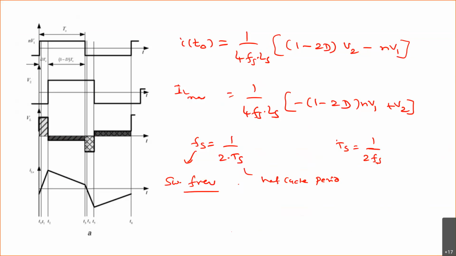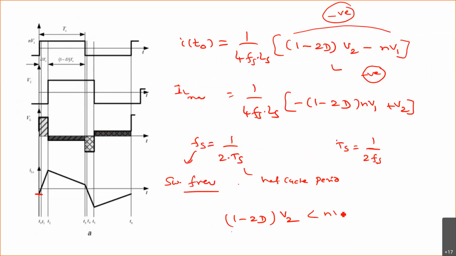Here we assumed that this is negative. This is the first case we are talking about, where the initial current is negative. In other words, it is heavily loaded. So this entire thing is negative, which means 1 minus 2d into v2 is less than nv1.